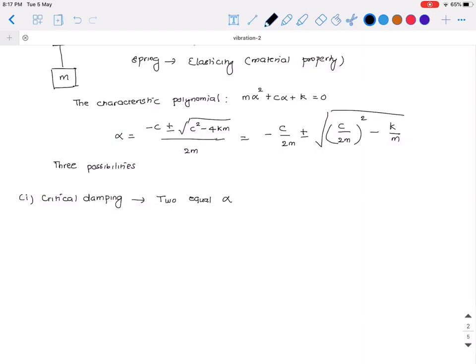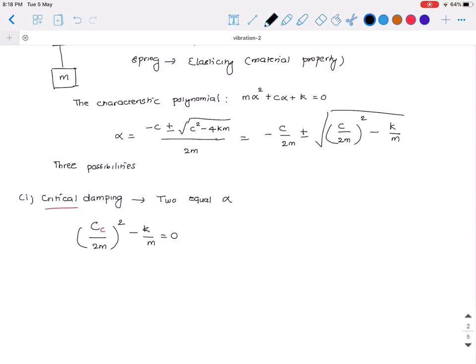So this is given by (c by 2m) square minus k by m equals 0. To denote critical damping, we introduce a subscript here: c subscript c implies critical damping parameter.